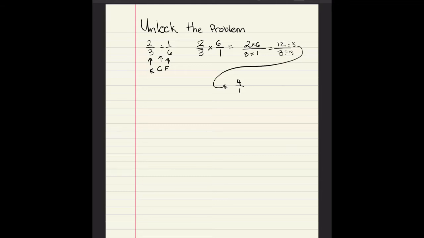And when we write that out, all whole numbers have that invisible line and 1 underneath, right? So this is just a whole number 4. Good. So our final answer is 4. So 2/3 divided by 1/6 equals 4.